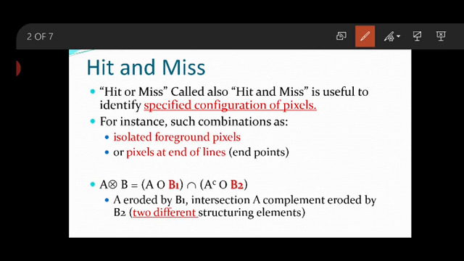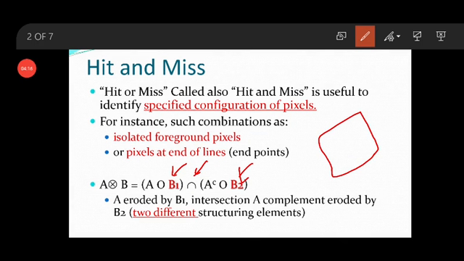Now you end up with two sets of information from the second equation. On the obtained data, you find the intersection, the common data available from both operations. Whatever final output you get is the result of the hit and miss algorithm.